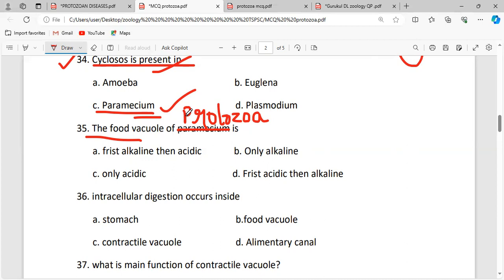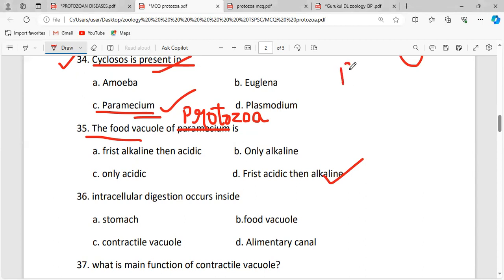And what will be the pH? Is it acidic or alkaline or both? By seeing this, I can easily know nobody is reading the PPT. Yes, first acidic, then alkaline.